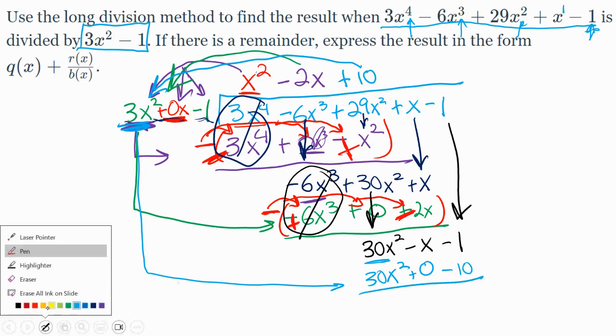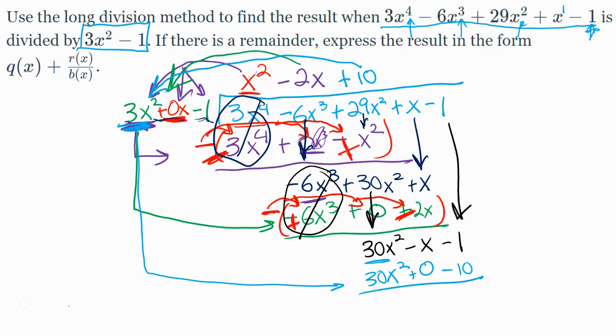So then I go ahead and make sure that I get a negative sign down here to be distributed to subtract that quantity. The 30 will cancel to be a negative 30. 0 is still 0, and then it's going to be a positive 10. So as I add, I'm going to get negative x and positive 9. That's my remainder, and that's okay. I have a remainder.